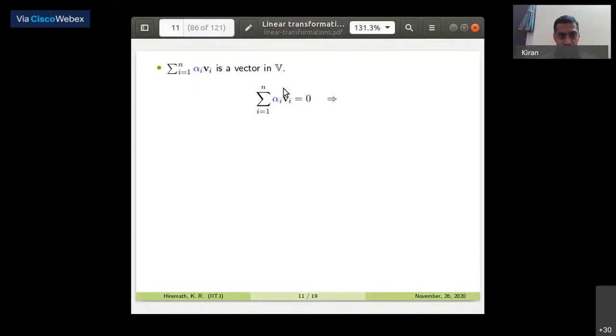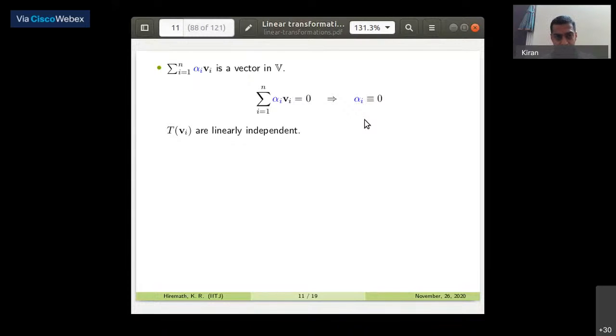All vi's are the basis of vector space V. By definition of linear independence, all alpha i's are 0. There is no other way. All alpha i's must be identically equal to 0. It means all these di's must be equal to 0. So that implies that these T of Vi are linearly independent.